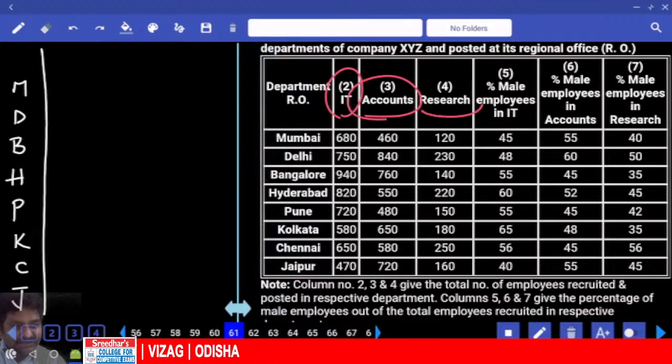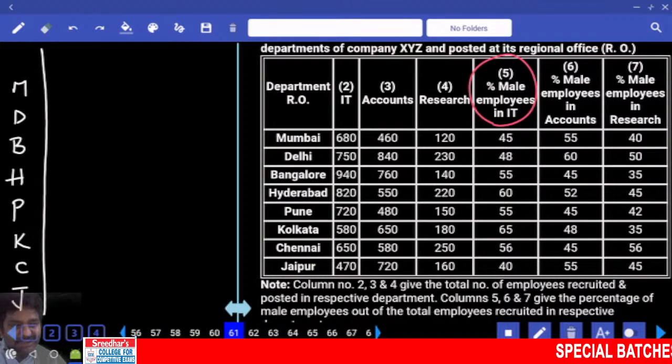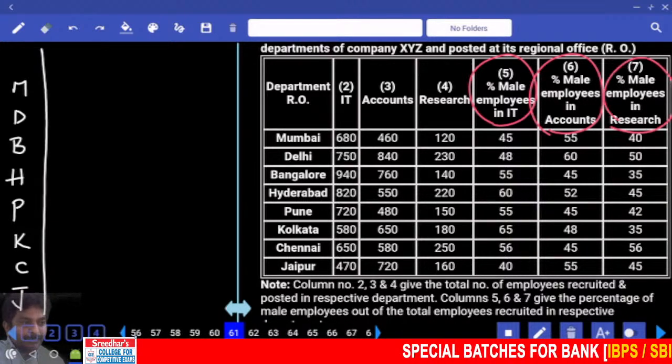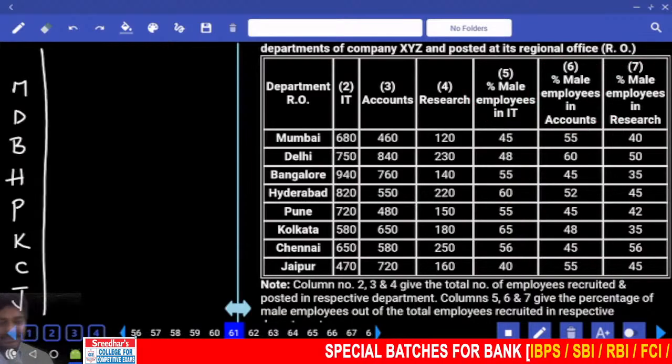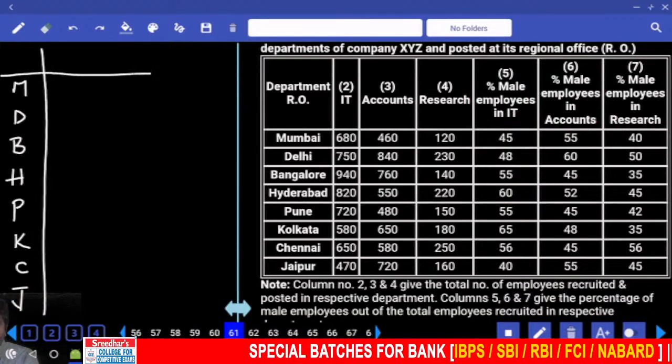IT, accounts, research, 3 departments are there. Male employees percentage in IT, in accounts, in research. So we are going to have 3 departments.